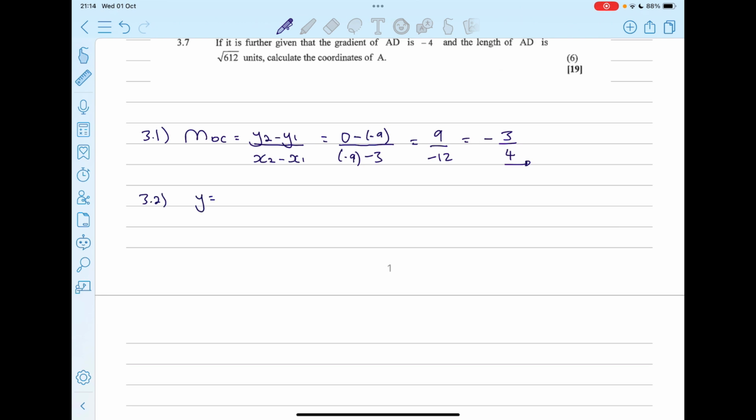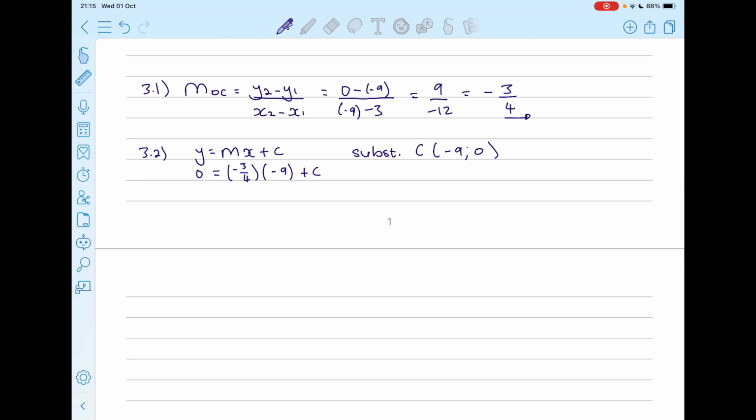We know the equation of a straight line is y is equal to mx plus c, and I'm going to substitute point C, which has x being -9 and y being 0. So substituting this coordinate and our gradient, we've got 0 is equal to -3 over 4 multiplied by our x, which is -9, plus c. So now we're solving for c.